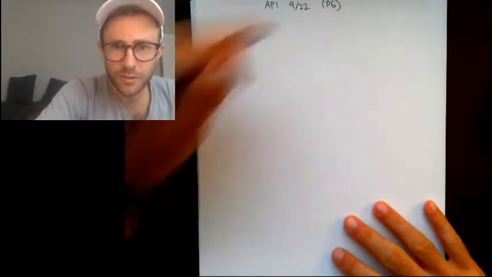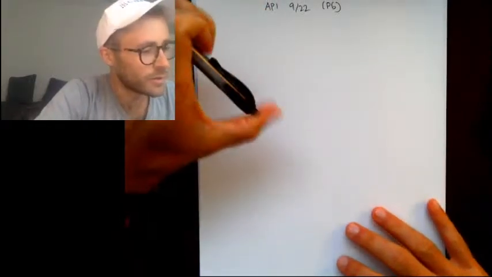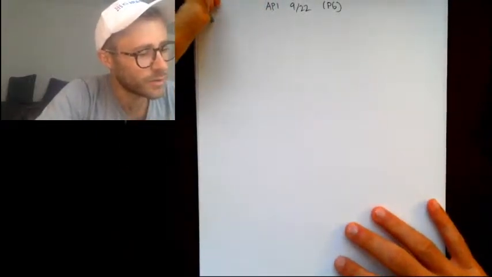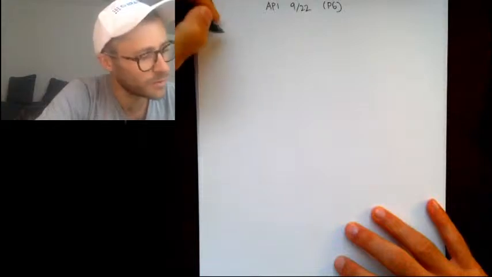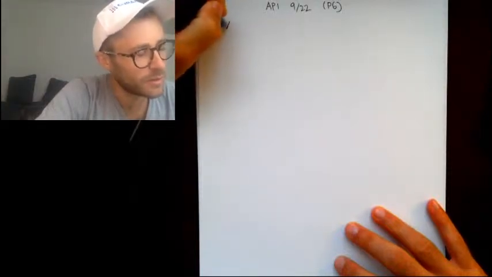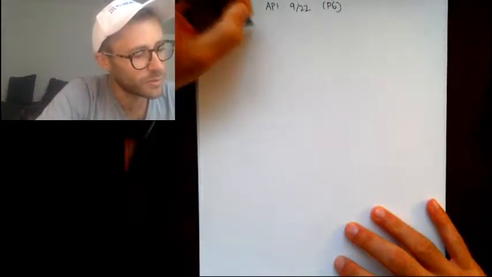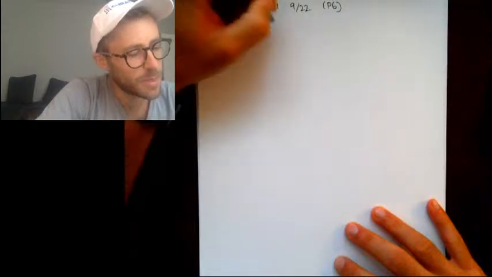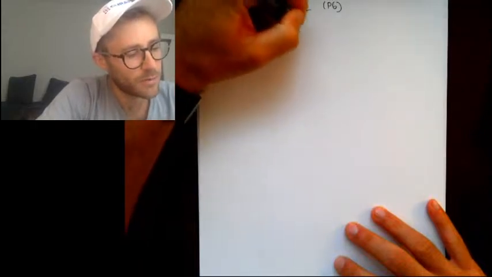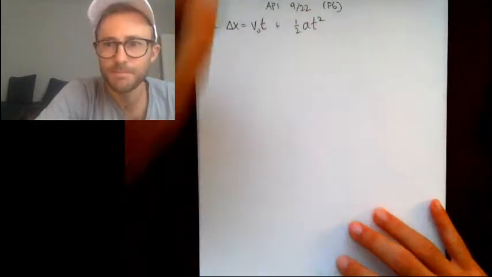So in the last class, we learned 3 equations that are called the kinematics equations. The first one said that delta x equals v naught t plus 1/2 a t squared.